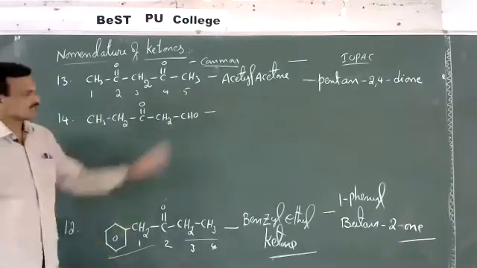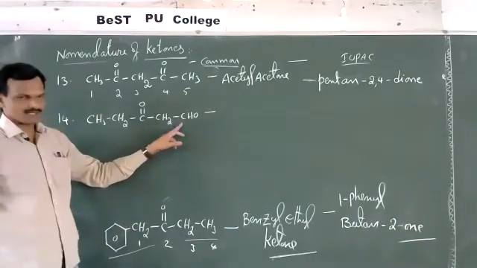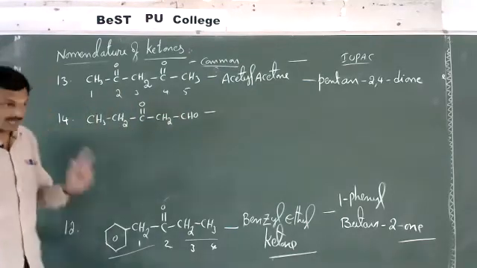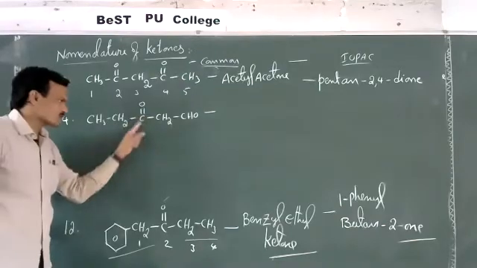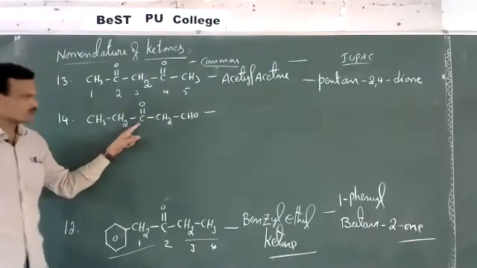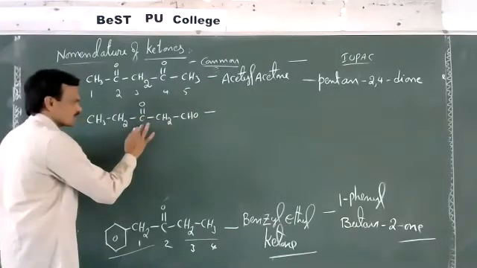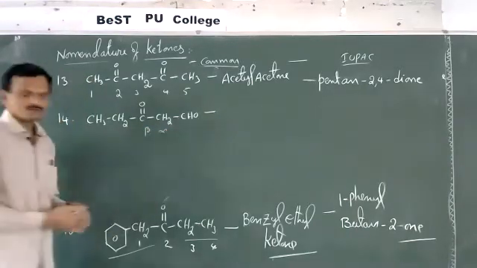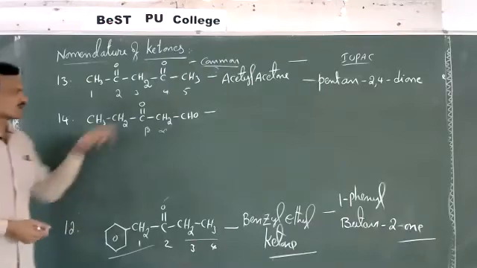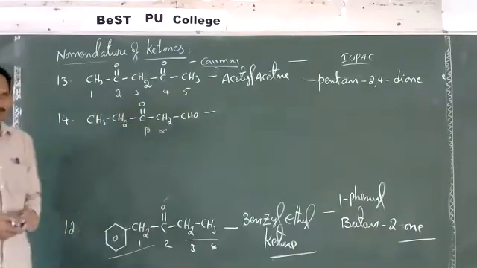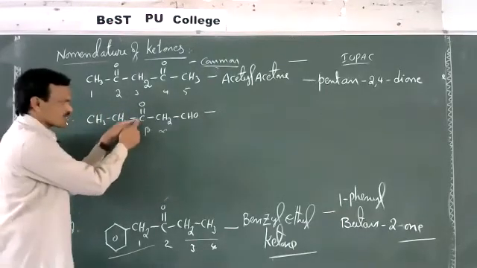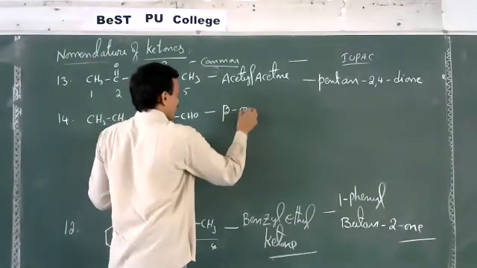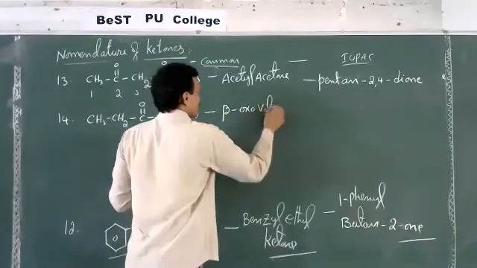Valeraldehyde, since it is a derivative of valeric acid. But in that, at the third position, a keto group is there. With respect to CHO, this position is alpha and this is beta. What is the prefix name of the keto group? Oxo. So at the beta position an oxo group is there. So beta-oxo valeraldehyde.